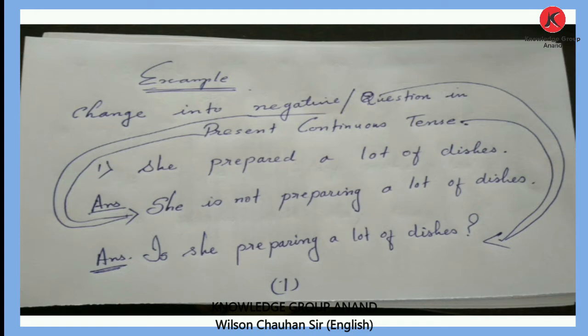Then, because it is present continuous tense, you have am, is and are as your auxiliary verbs. Then you have your main verb. Then you have ing plus object.